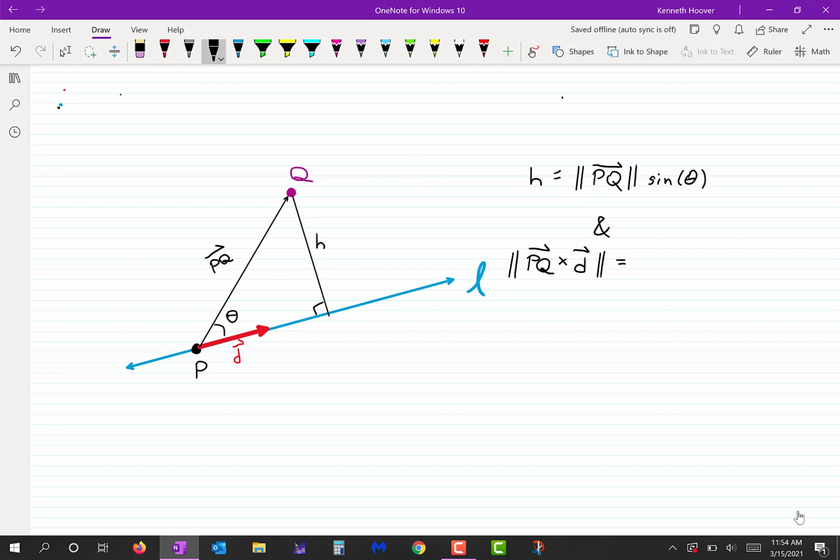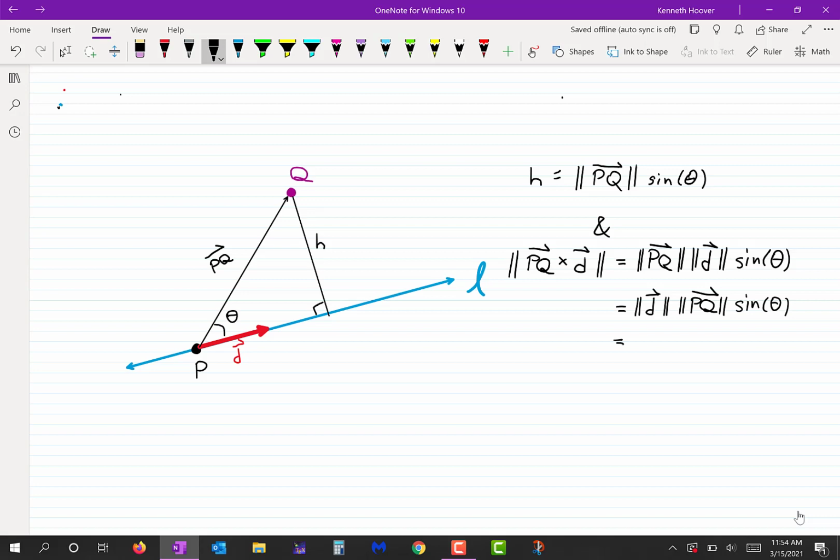It would be the magnitude of PQ times the magnitude of D times sine of theta, which equals, let's write it this way, magnitude of D times magnitude of PQ sine theta.